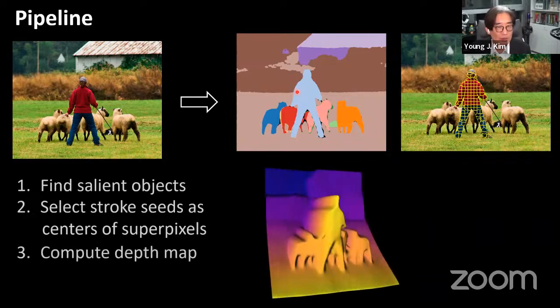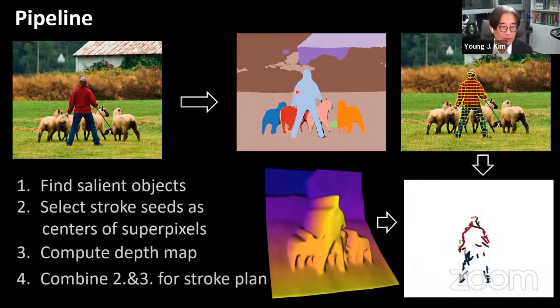At the same time, we also approximate the depth map for each segmented image. Then we use the superpixels and the depth map to figure out this stroke ordering.